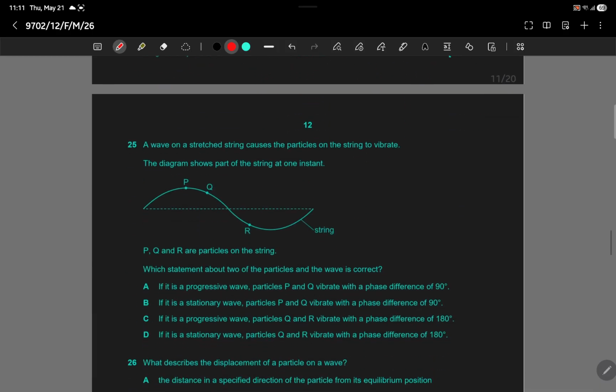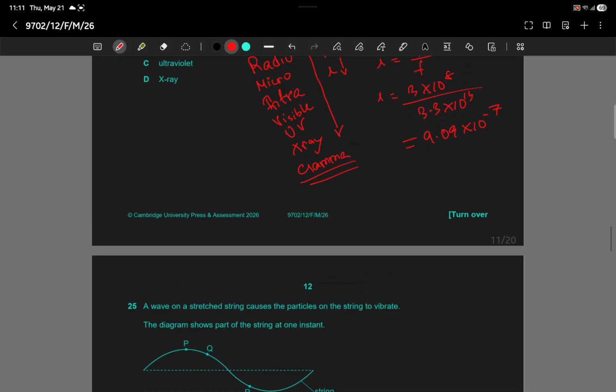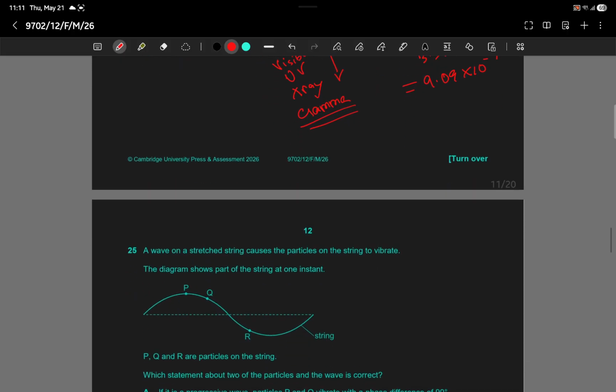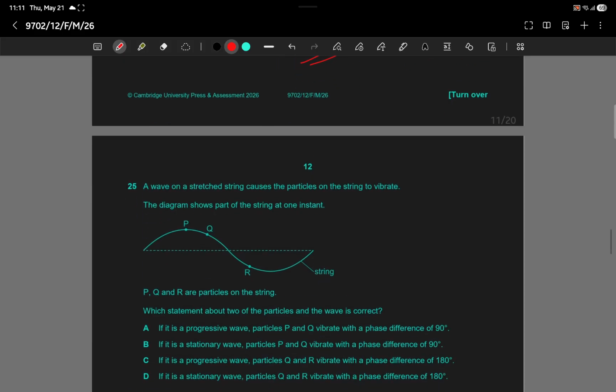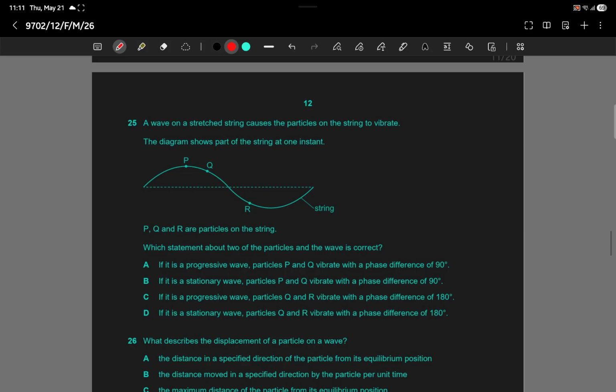So now, question 25. A wave is on a stretched spring. It causes particles to vibrate at one instant. So P, Q, R are particles on a string. Which statement about the two particles and the wave is correct?